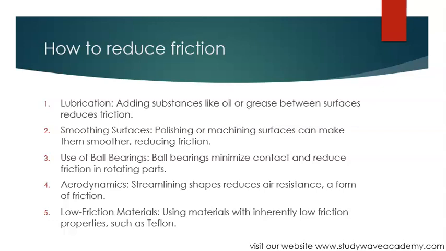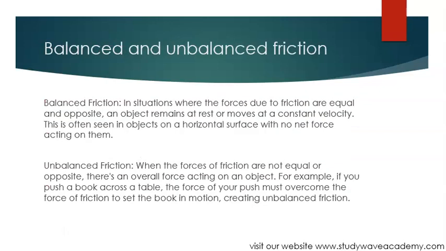Okay, so we now know how to reduce friction, right? Good. Next, we're going to be looking at balanced and unbalanced friction. Balanced and unbalanced friction is a way to classify the effects of friction on motion, okay?